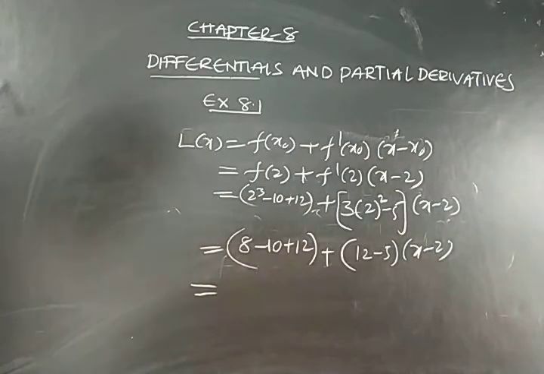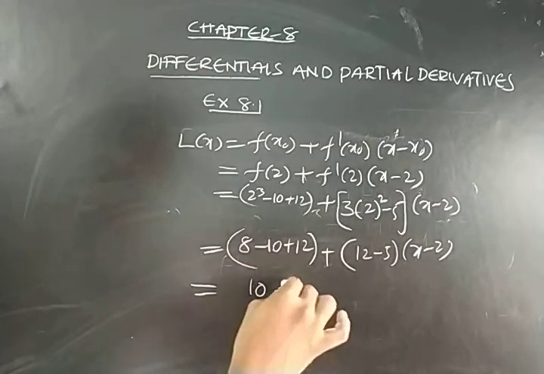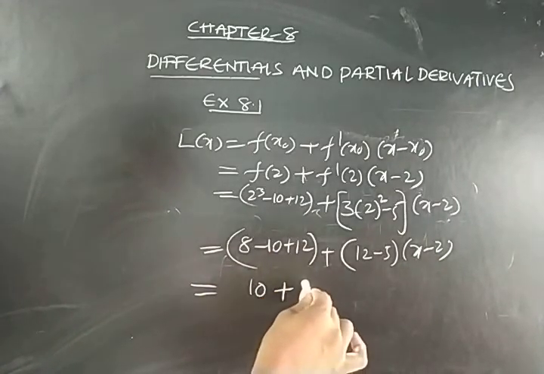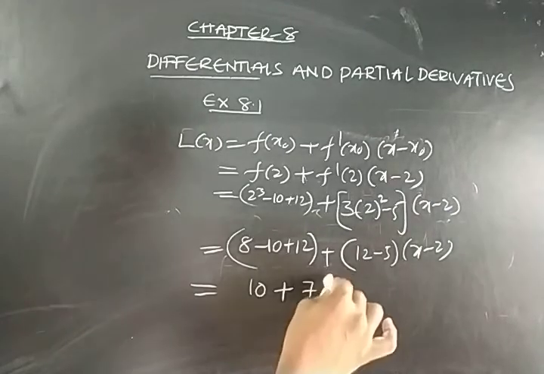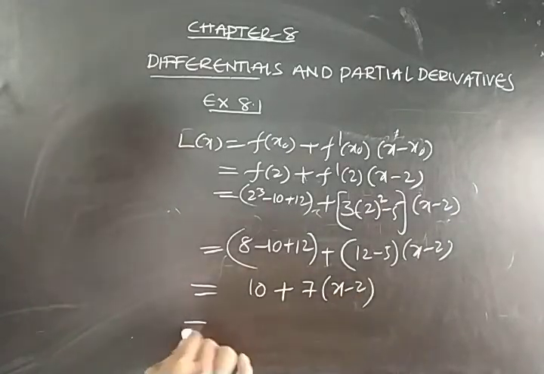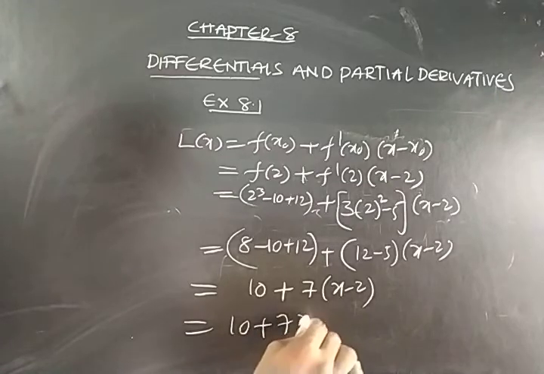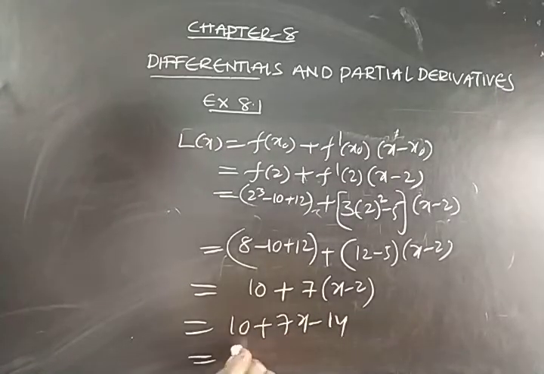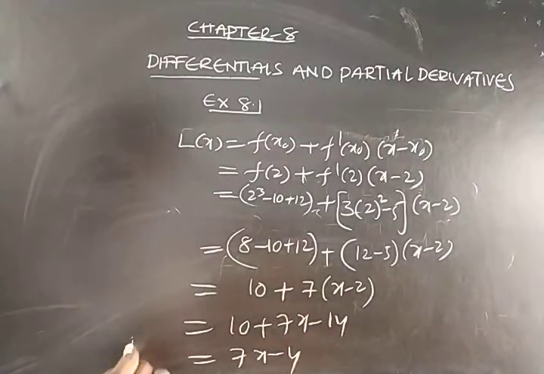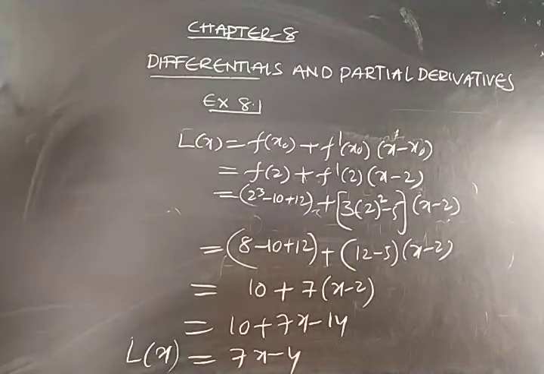So 8 plus 12 is 20, 20 minus 10 is 10, plus 12 minus 5, this is 7, 7 into x minus 2. So 10 plus 7x minus 14, it becomes 7x minus 4. So this is the required linear approximation function.